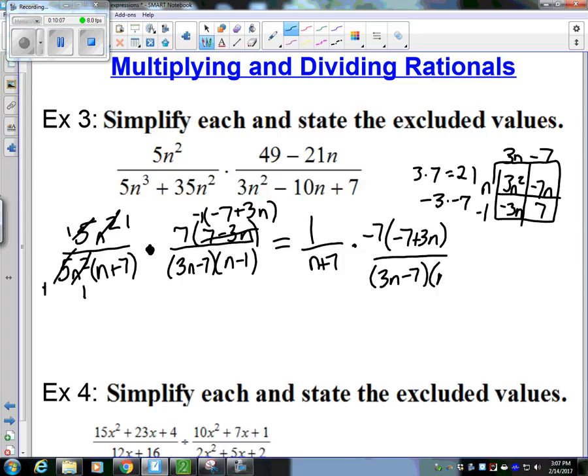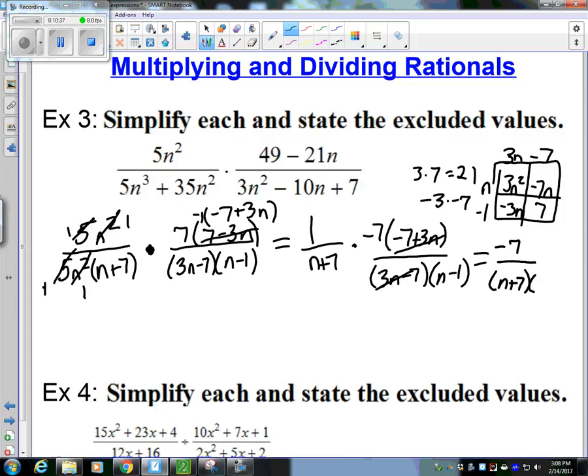So now, if you want to rewrite this so the n term is first, you can. But these two here are the exact same. You could use the commutative property of addition if you'd like to switch them, but no need. And then I look at any numerators and denominators that are the same, nothing. So let's just multiply across the numerator. Once you have everything simplified, multiply across the denominator, n plus 7 times n minus 1.